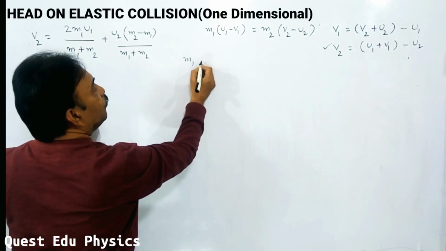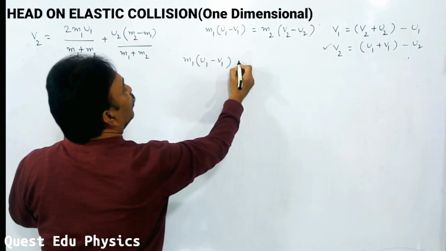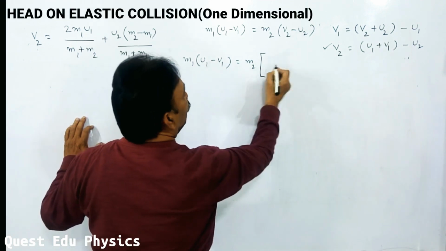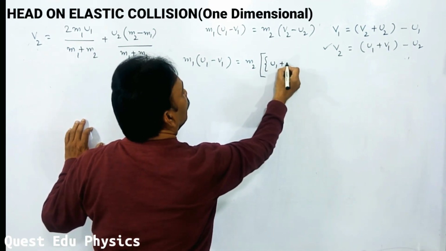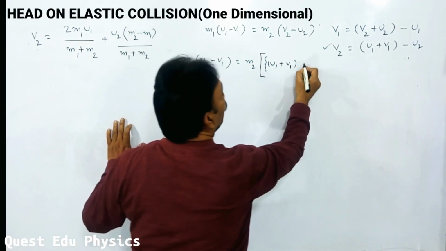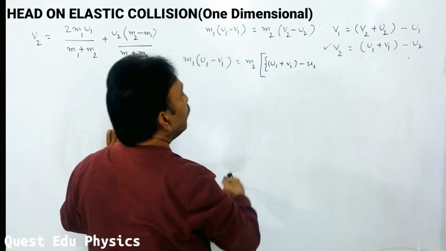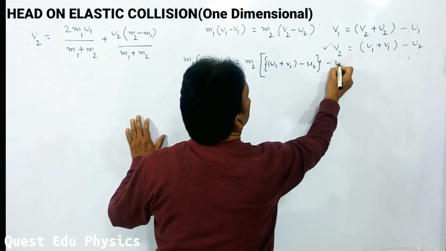It is m1 of u1 minus v1 is equal to m2 of v2, which can be written as u1 plus v1 minus u2.